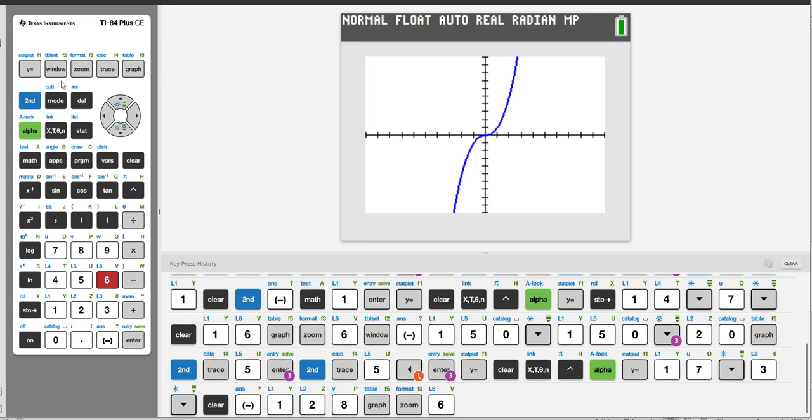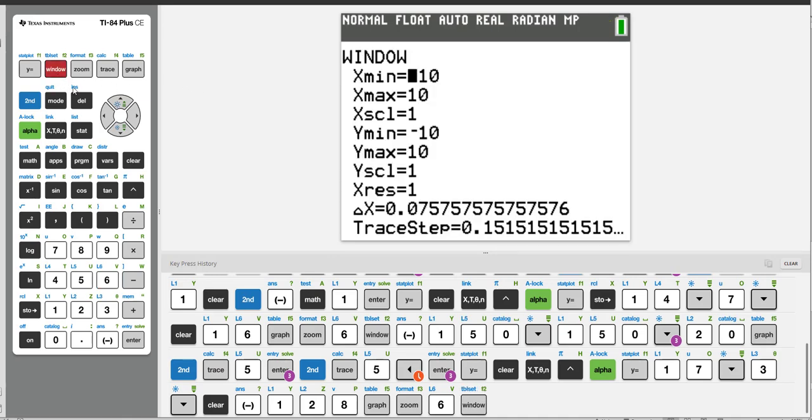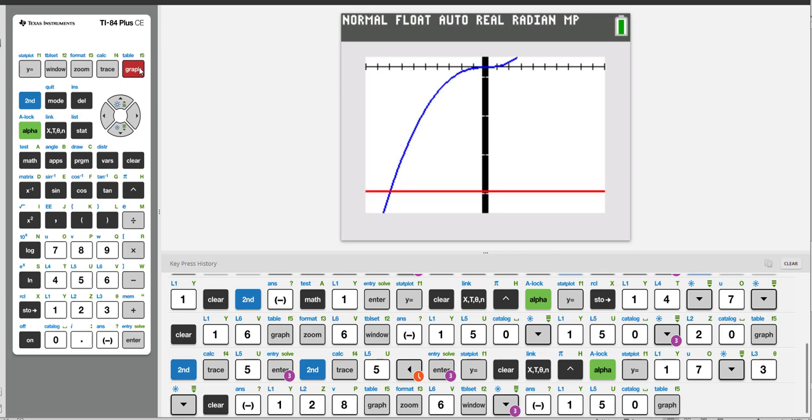Press window. Set y-min to negative 150. Don't change anything else. Press graph. You can now see your point of intersection.